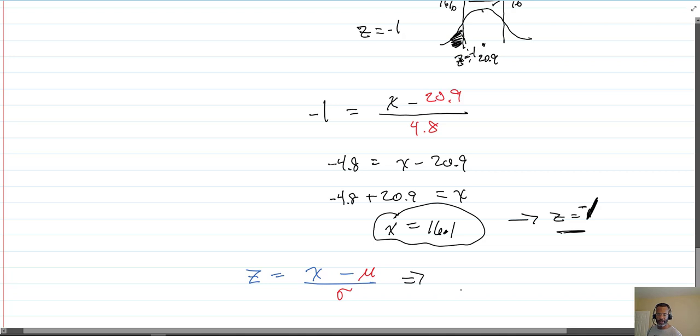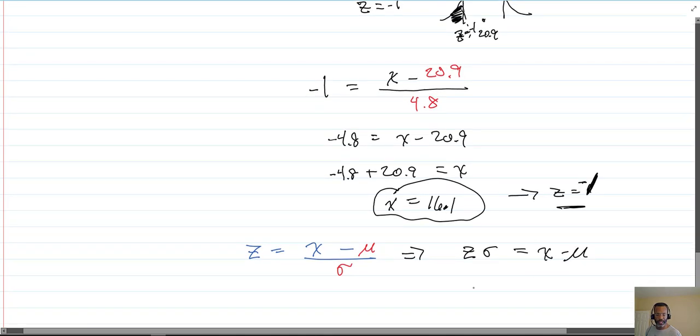So let's follow the same pattern. We're going to multiply both sides by the denominator of that quotient. So we have z times sigma equals x minus mu. And if we want to find that score, let's add mu to both sides. So x equals mu, whatever that mean is, plus z times sigma. So given a z-value, this is how you could convert that z-value to a score.